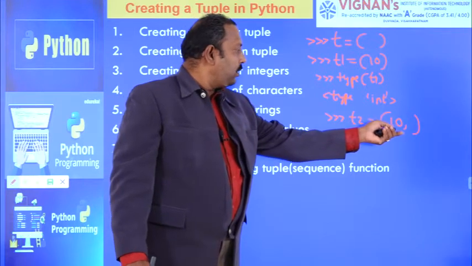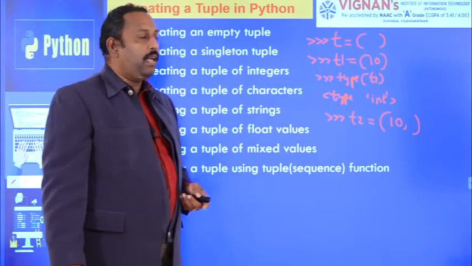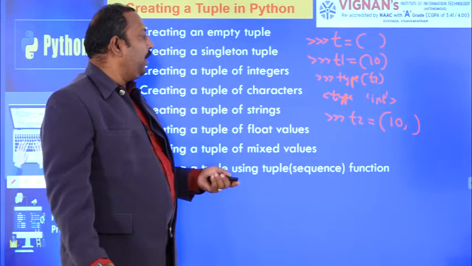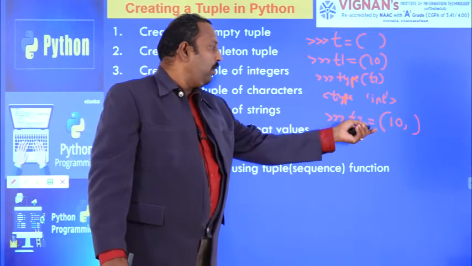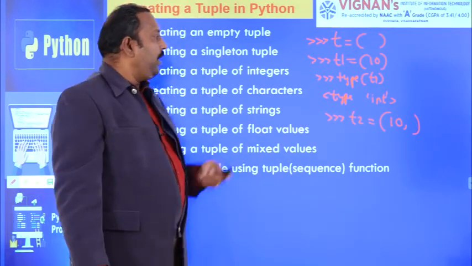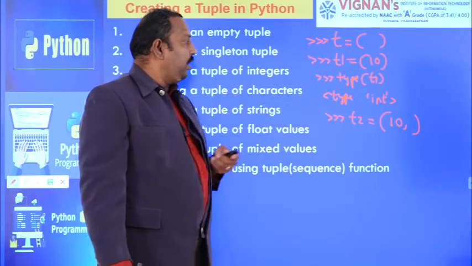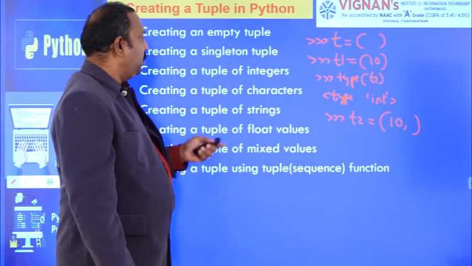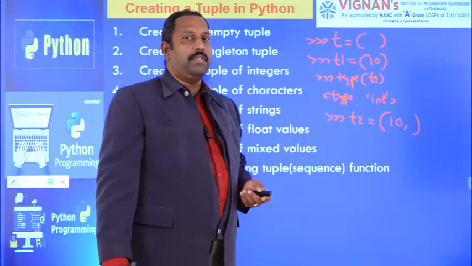A comma makes it a set of values, which is a tuple. That's why we have to use the comma. Then it will be treated as a tuple. Otherwise, it is treated as an integer. If you write t1 equal 10, it is considered an integer.